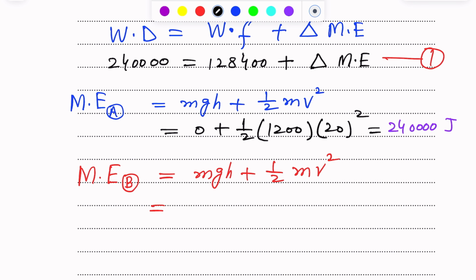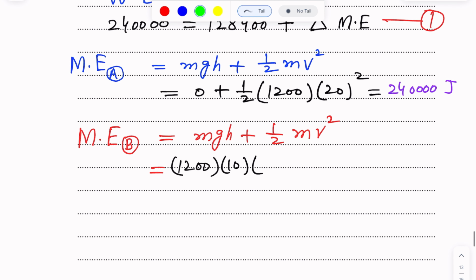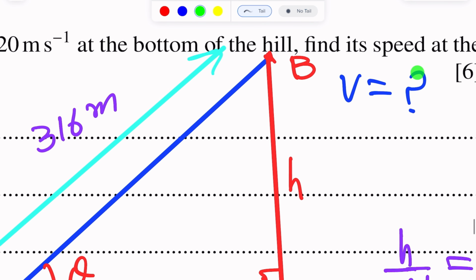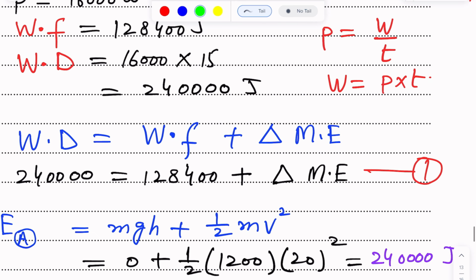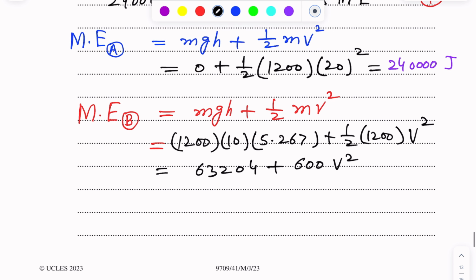Putting in the values, 1200 times g which is 10 times the height we just found, 5.267, plus 1 over 2 times 1200 times v square, where we have to find v at B. Simplifying these terms, the mechanical energy at B is 63204 plus 600 V square.